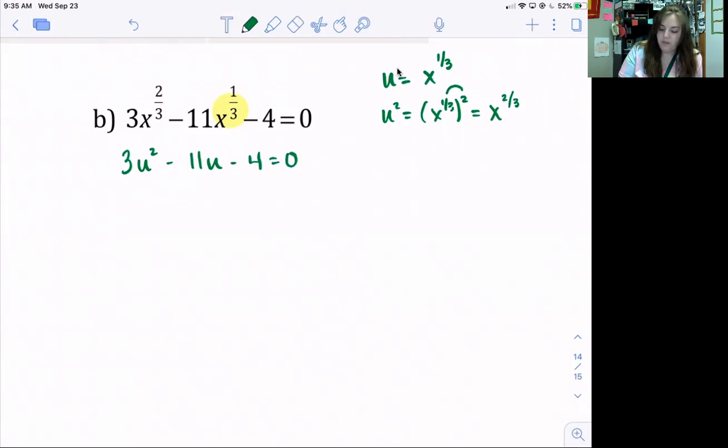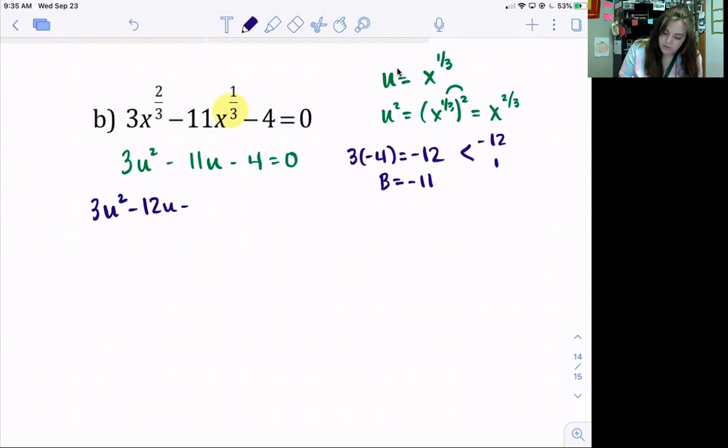Okay, so if we want to factor, we have 3 times negative 4 equals negative 12. And our factors of negative 12 that add to negative 11 are negative 12 and 1. So replace our middle term with our two factors. And then factor by grouping.